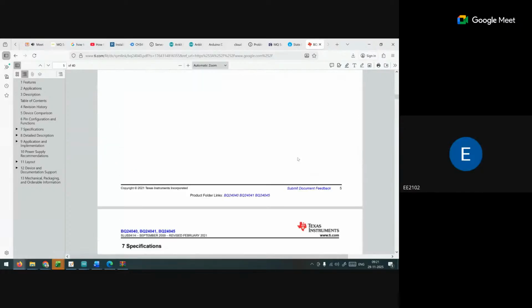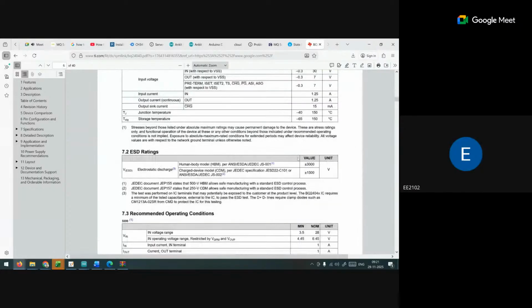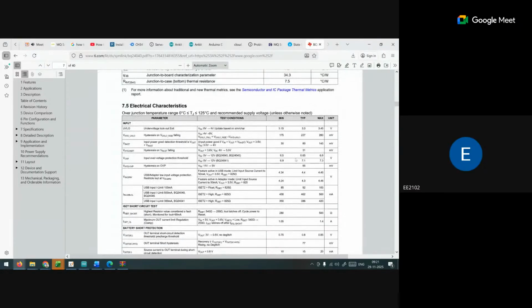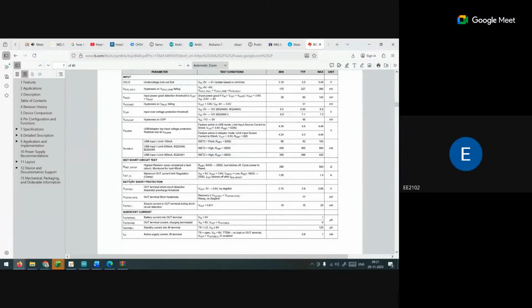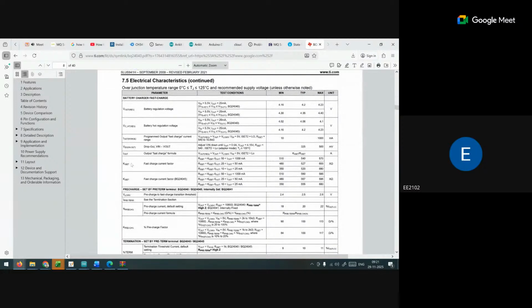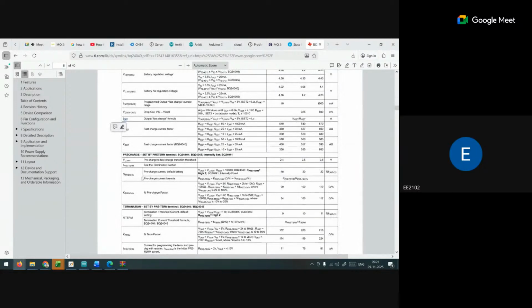If you see the electrical characteristics, they are mentioning the I out. They are not giving the I preterm current. What is the preterm current?